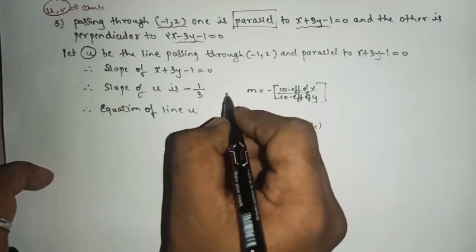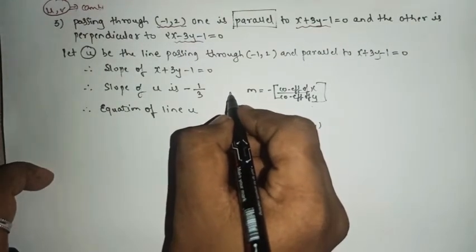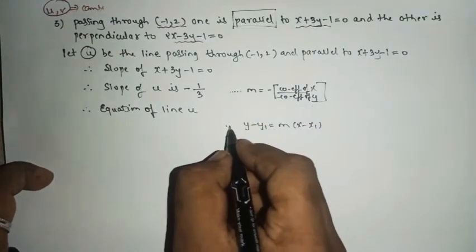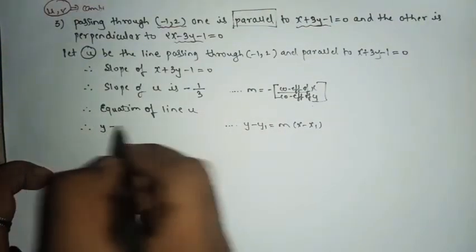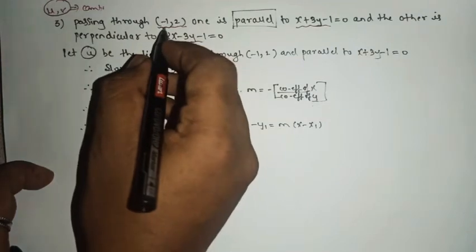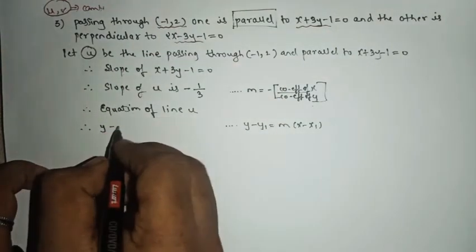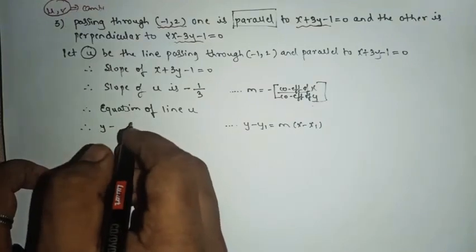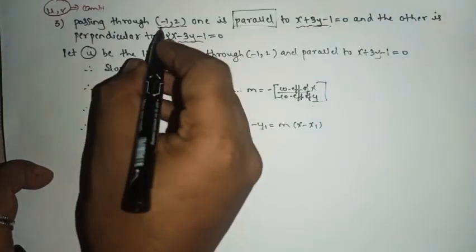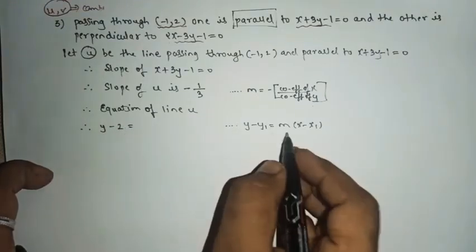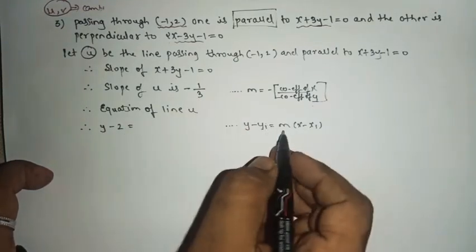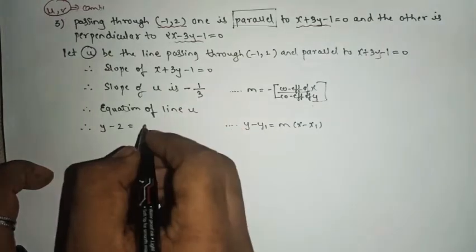If you want, you can write down this formula as a reason. So y minus, what is the y1 here? We know x1, y1 is (-1, 2), yes or no? So y1 is 2. And here we got the slope. Slope means m. So the slope is what?